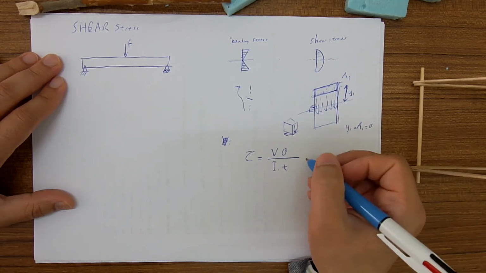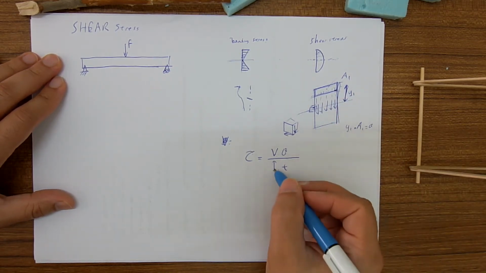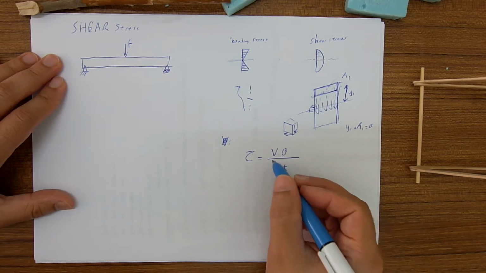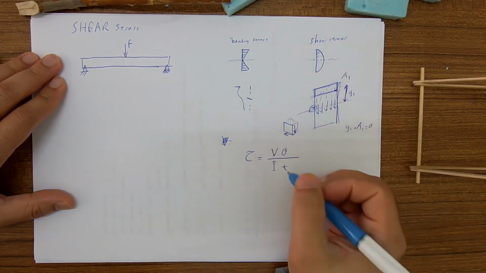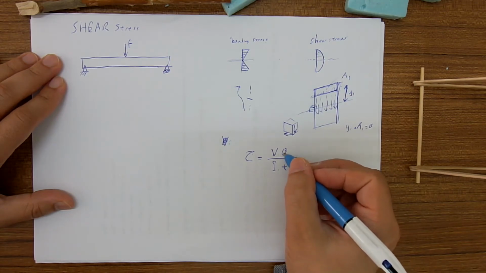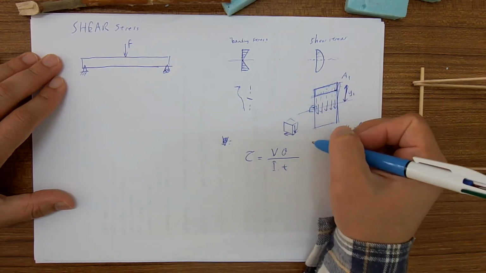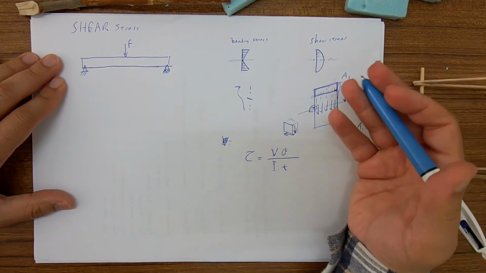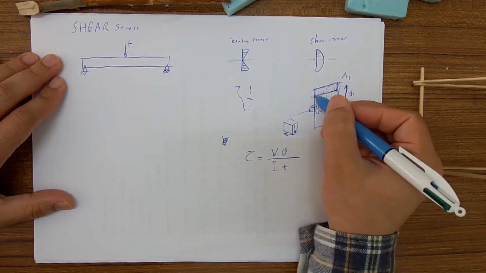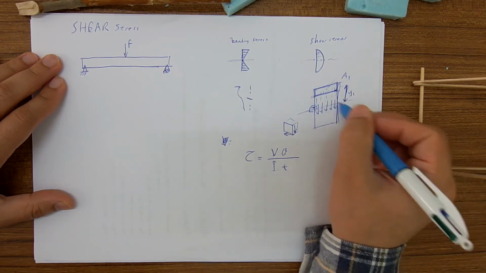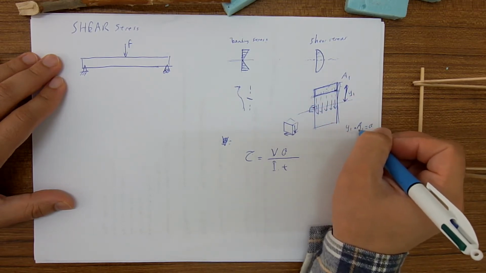Okay, so I and V don't change for the section. T and Q change within the section. It may change depending on the type of the section. So T is this, Q is y1 times A1.